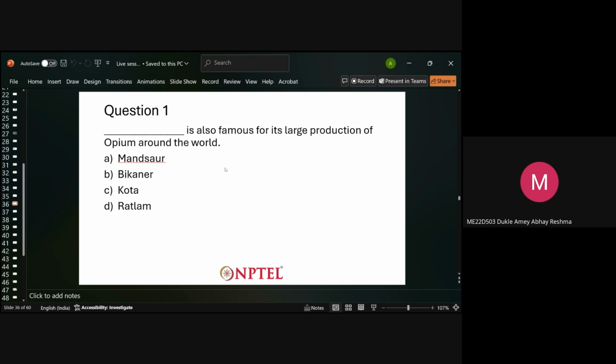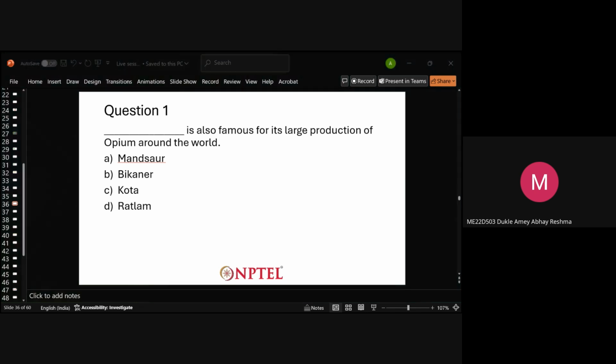So yeah, these are completely GK based questions. Dash is also famous for the large production of opium around the world: Mandsaur, Bikaner, Kota, Ratlam. So basically, this is a very GK based question. What are your guesses?